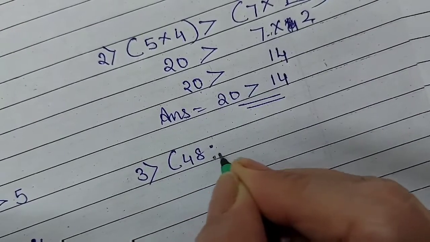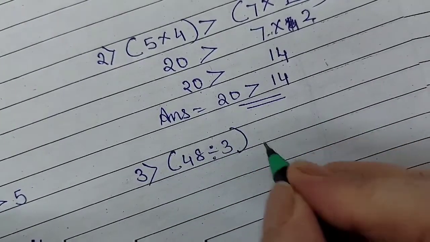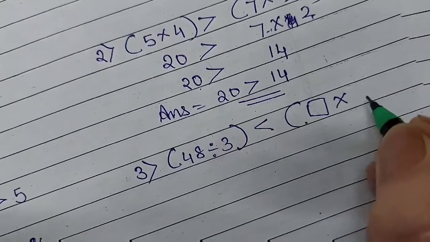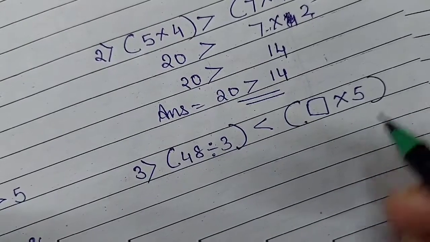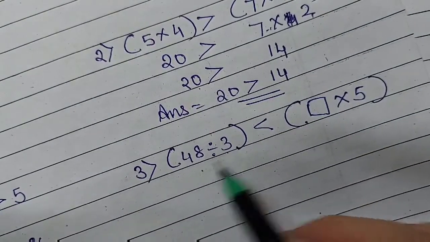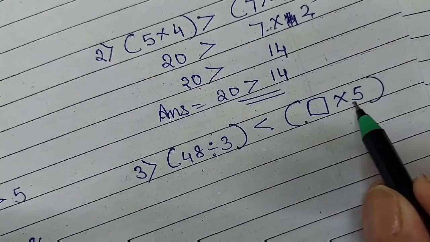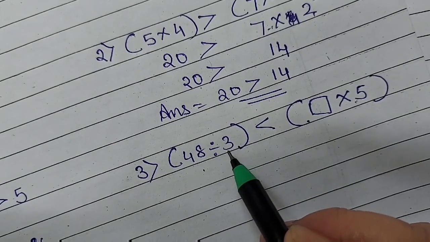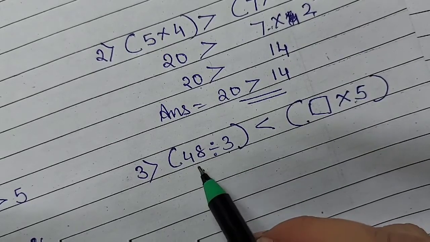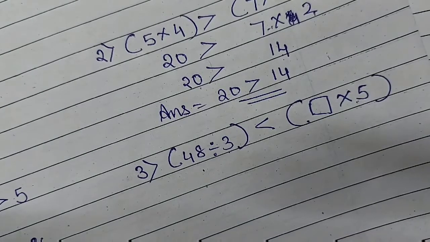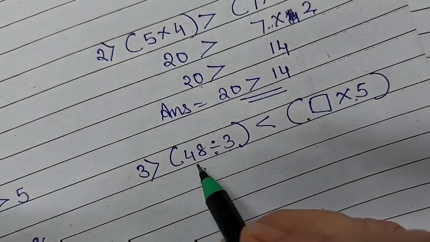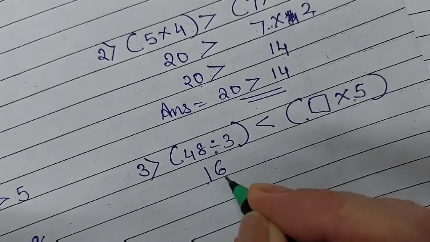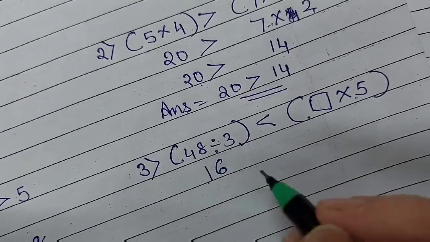Coming to the third question. 48 divided by 3 lesser than dash into 5. Now children, this is lesser than, so this answer should be more. Now what is 48 divided by 3? If you say the table of 3 till 48, what will come here? Right children? So when 48 is divided by 3, you will get the answer 16. 16 3s are 48.